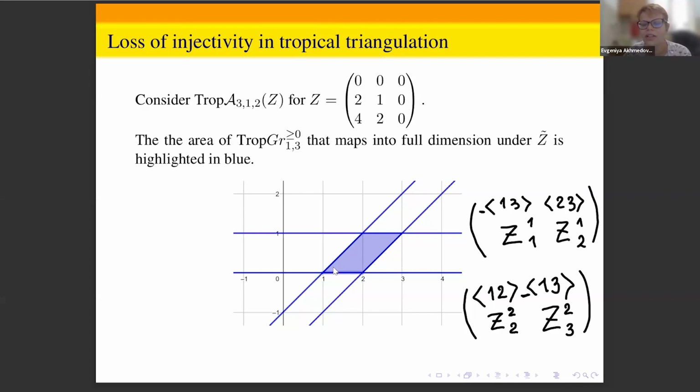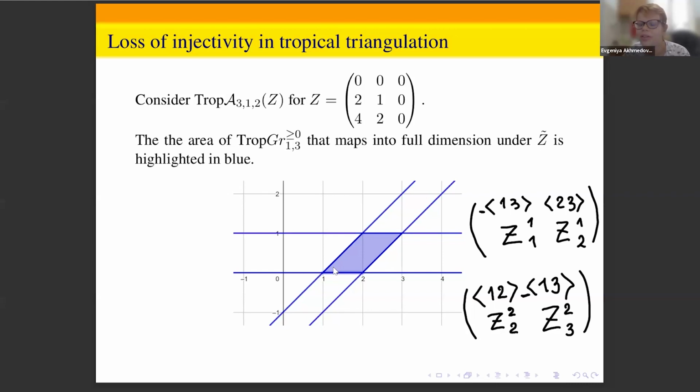So what we want to study here is separating the amplituhedron into the image of the part that valuates into the white part and the part that valuates into the blue part.